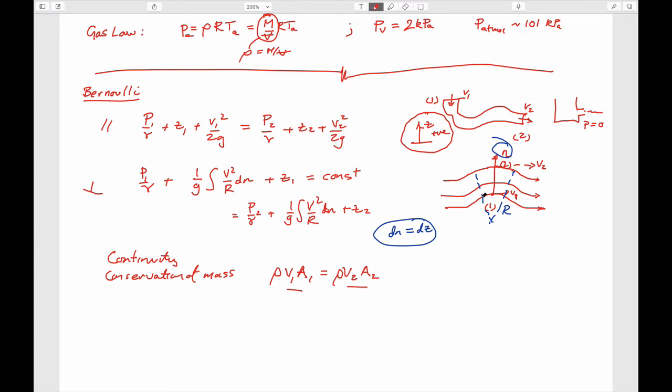So n at this point here would be in this direction. It gets a bit complicated here because now it's at an angle, but certainly if it's vertical, then n and z are equivalent to each other. That's on the radius.